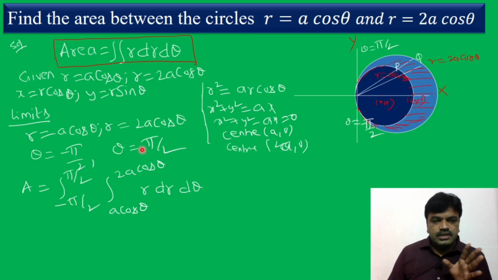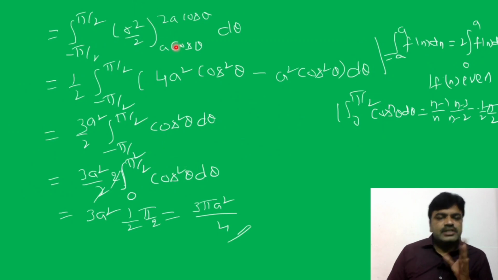For theta, turn the wedge from minus pi by 2 to pi by 2. Simply substitute. First integrate with respect to r, then we get a function in terms of theta. Integrate with respect to theta and apply some formulas, and we get the area as 3 pi a square by 4.